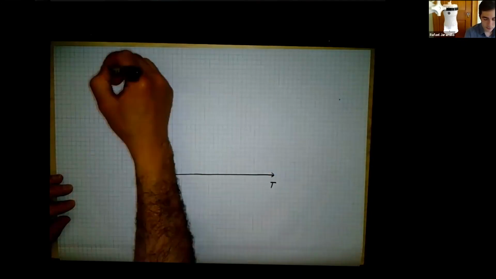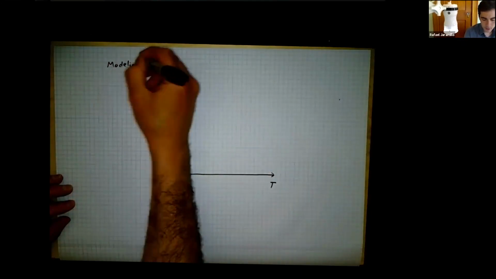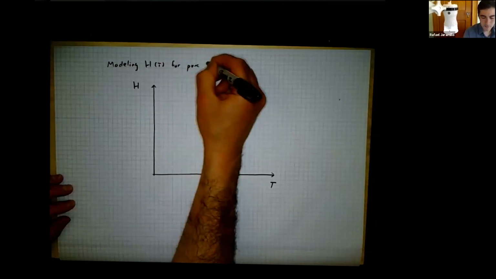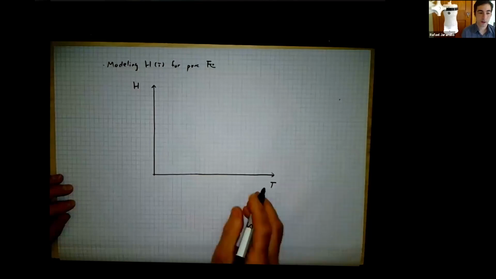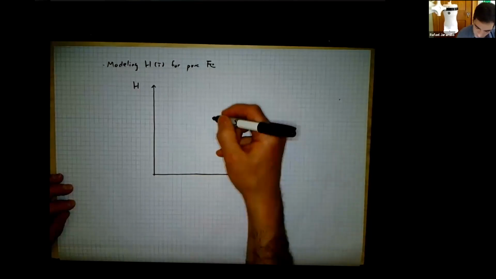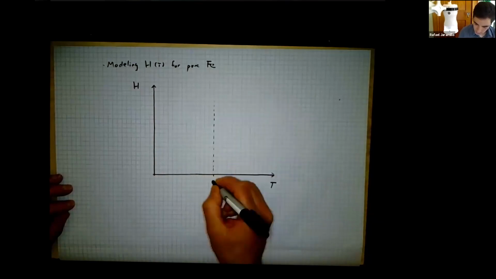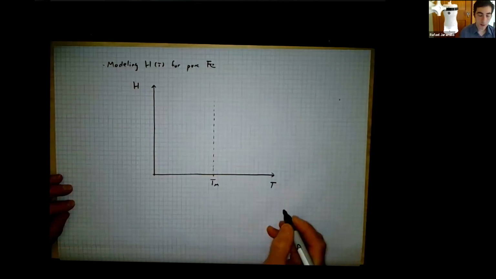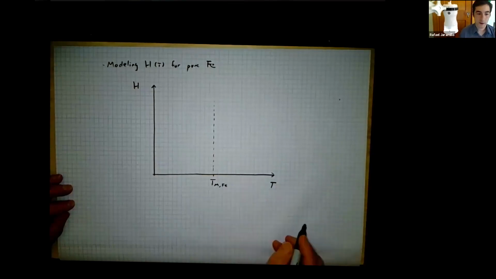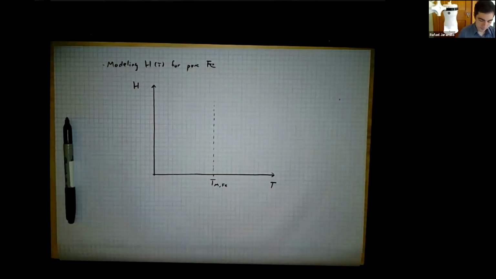This is modeling H of T for pure iron. That's what we're doing. So I'm going to draw the melting point right in the middle. T melt of iron. And let's say that it looks like this.